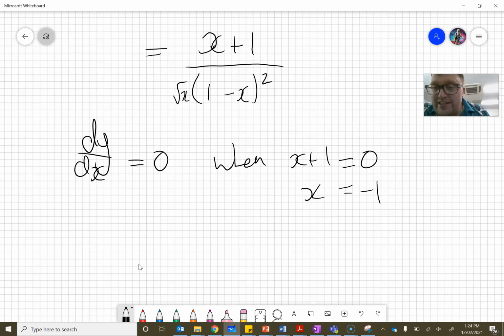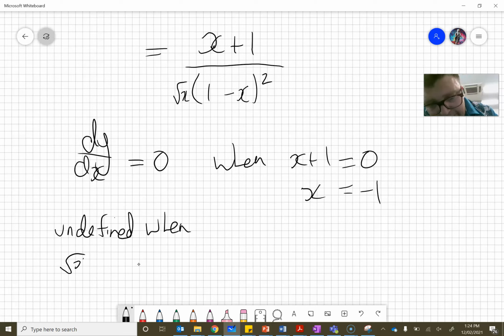So that denominator is going to equal 0. Well, if we use our null factor law, remember the null factor law says if I've got two numbers and they're multiplied by each other and they equal 0, then either A is 0 or B is 0, or both, of course. So it's undefined when root x times (1 take x) squared equals 0.